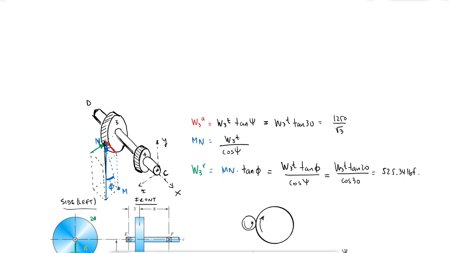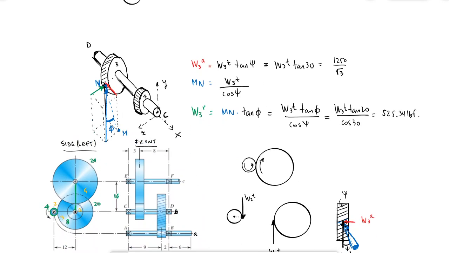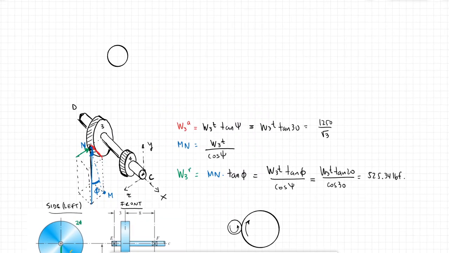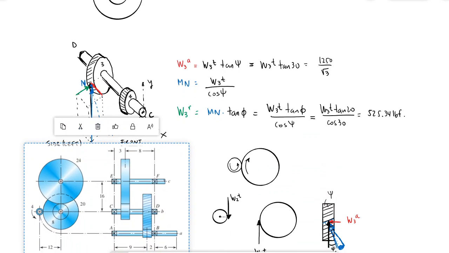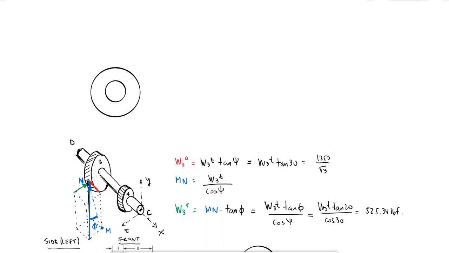So if I do the zy plane from the positive x, what I would see is gear 4 and gear 3 behind it. I know that this force tangential on 3 looks like this.